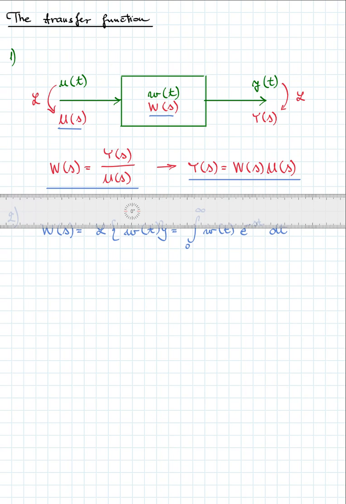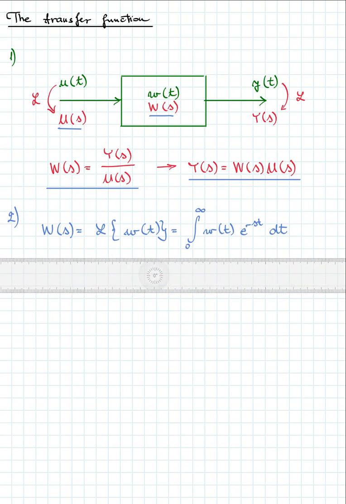So in the box there is a w of t and the capital W of s. There is a connection between them, of course, because we use the same letter for the time function and the Laplace transform. So W of s, the transfer function, is the Laplace transform of the impulse response function w of t.